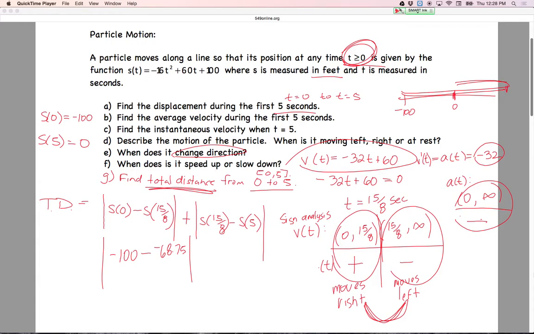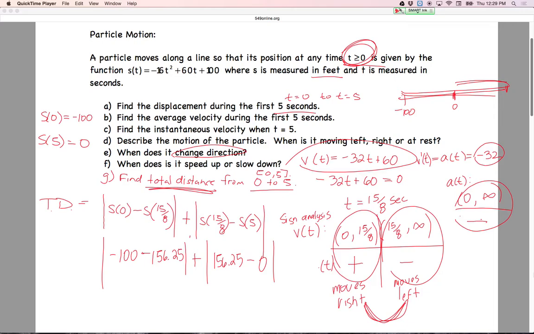Does that make sense? So what are you saying it is, Candy? 156.25. So minus 156.25 plus the absolute value. Is it negative or positive? Well, it was positive, obviously. No, because I'm subtracting. Minus, what was S of 5? 0. All right, here we go. That looks right.